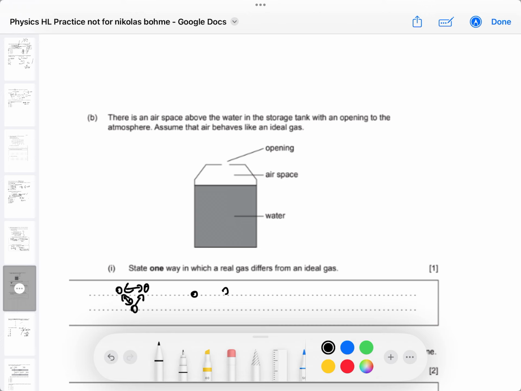But in an ideal gas, there are no intermolecular forces between the particles, as the internal energy is made up solely of the kinetic energy of the particles. So the reason it differs is because an ideal gas has no intermolecular forces.